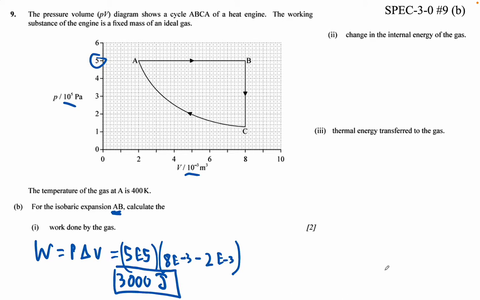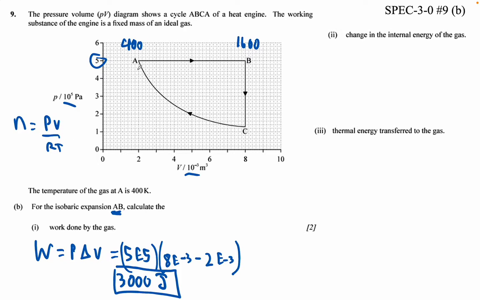3,000 joules. Okay, so calculate the change in internal energy of the gas. Well, there's two ways to do it. We know that this is 400 and this is 1,600. We also know the pressure and temperature at B, so we could figure out the number of moles. Moles is going to be PV over RT.